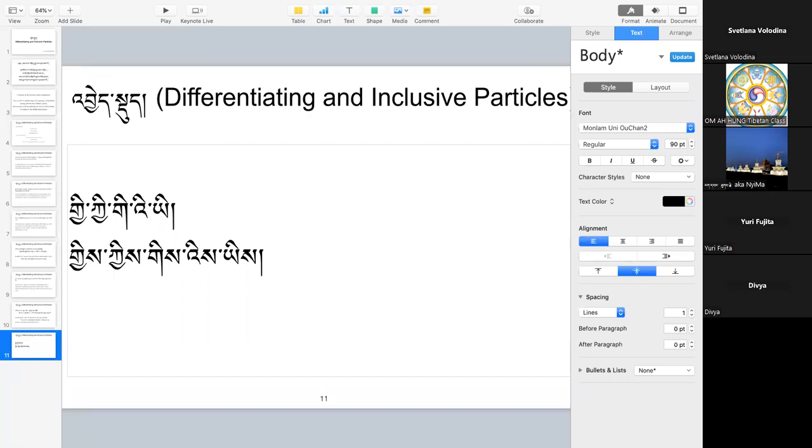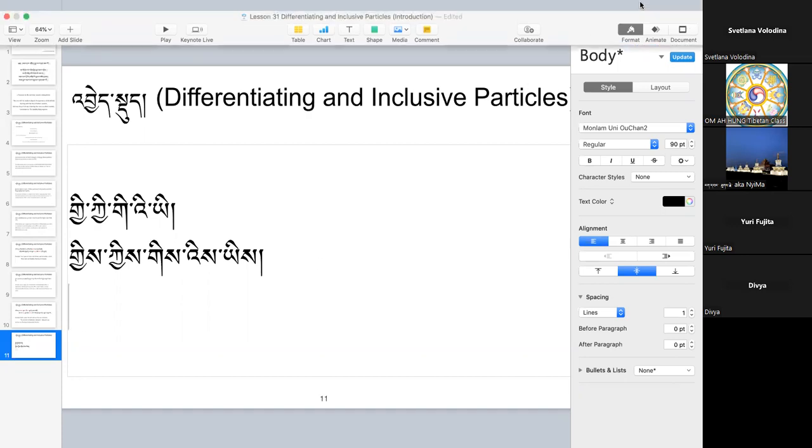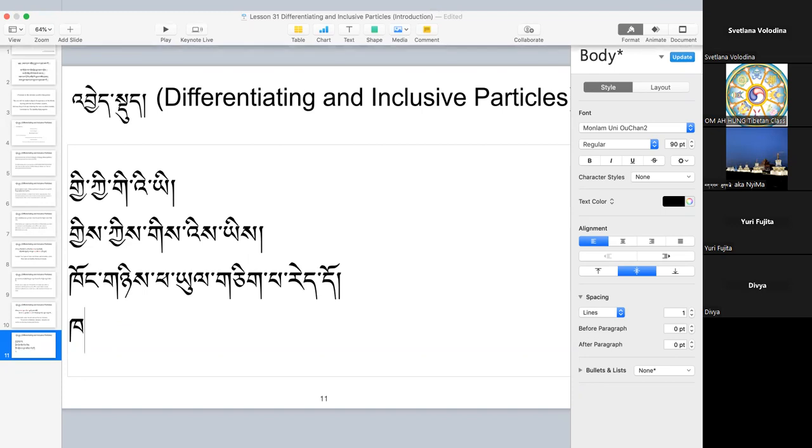So there are usages in which we can use chikpa, but we do not use tsung. For example, we don't say konyi payu chik.